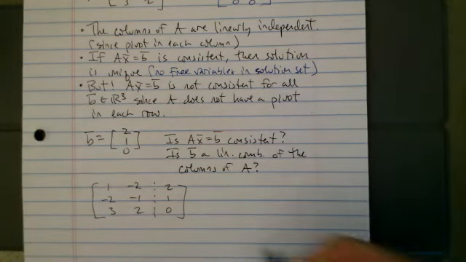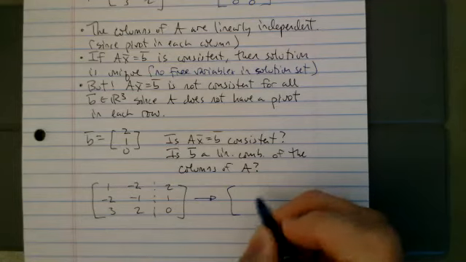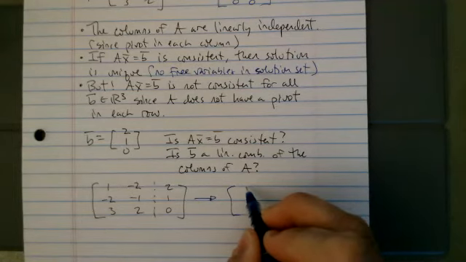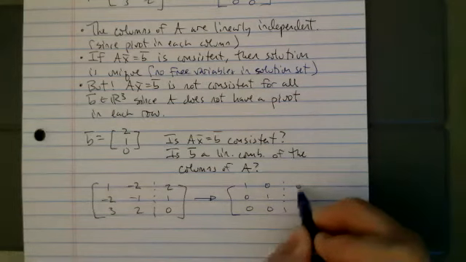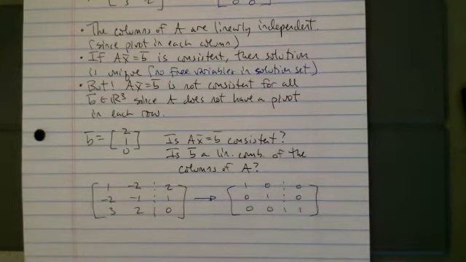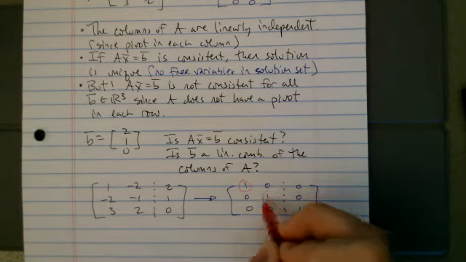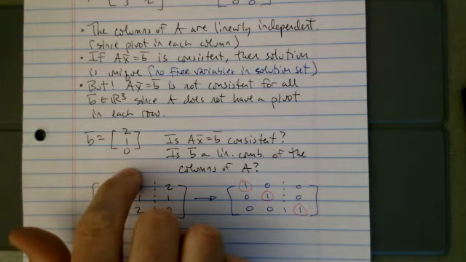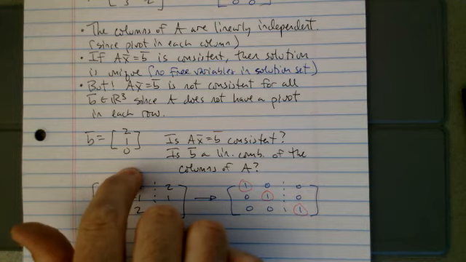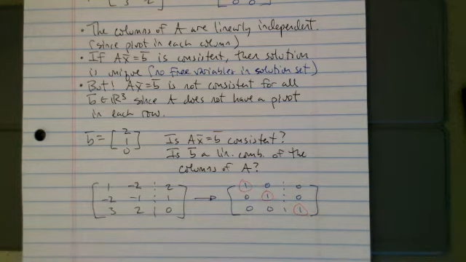So in this case, we see that there is a pivot in the rightmost column of the augmented matrix. So the equation AX equals B for this particular choice of B is inconsistent. B is not a linear combination of the columns of A.